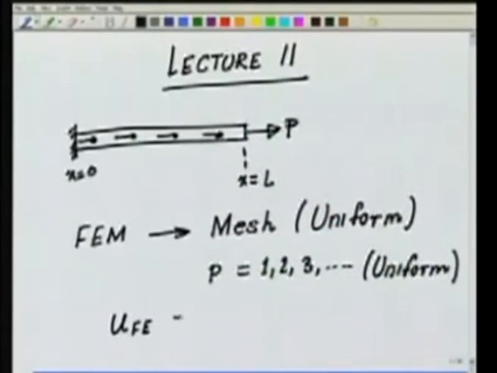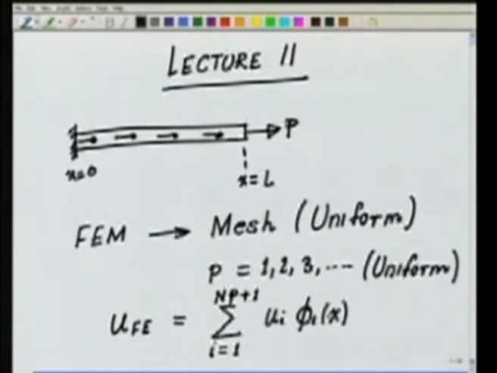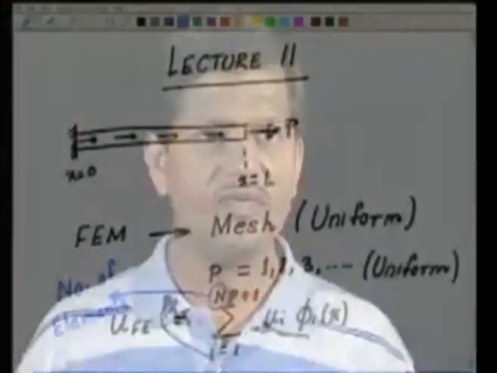And what we had done is we had highlighted the fact that the finite element solution is given as summation of ui phi i x, where n is the number of elements, and P is the uniform order of approximation. So, this is what we had done.